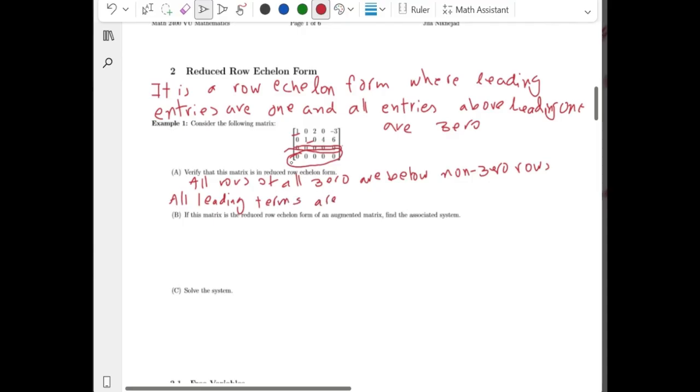Leading terms are the first non-zero entry. What else do we know? The leading terms are moving this way as we move that way.